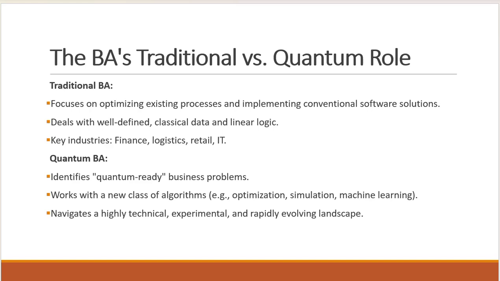But the quantum computing BA identifies quantum-ready business problems, meaning problems in the market that can be solved by quantum techniques, and analyzes how quantum algorithms will help solve these business problems faster, more effectively and more efficiently. They work with new classes of algorithms like optimization, simulation, machine learning, and artificial intelligence.